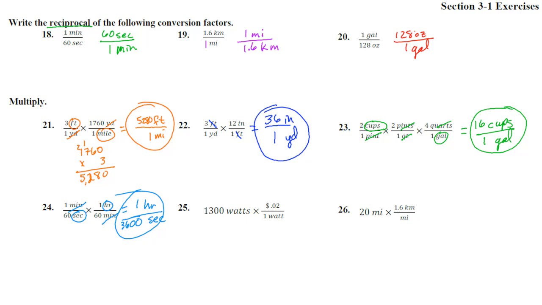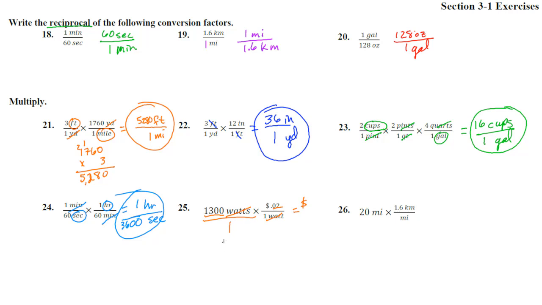Good. Now here we have a price one. That's kind of fun. 1,300 watts times 2 cents per watt. So the watts will cancel, and whatever answer we get is going to be just dollars. So 1,300 times 0.02. This is all over 1, so we don't have to worry about that.